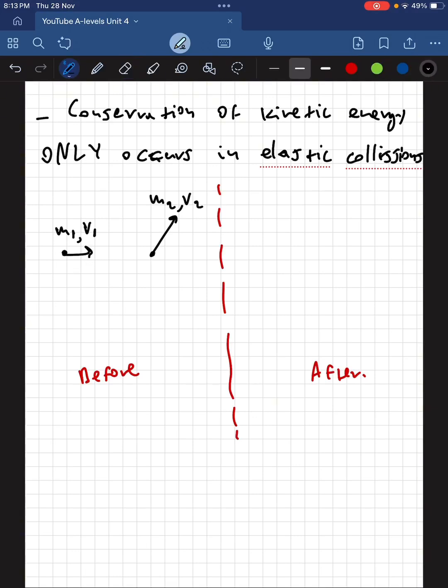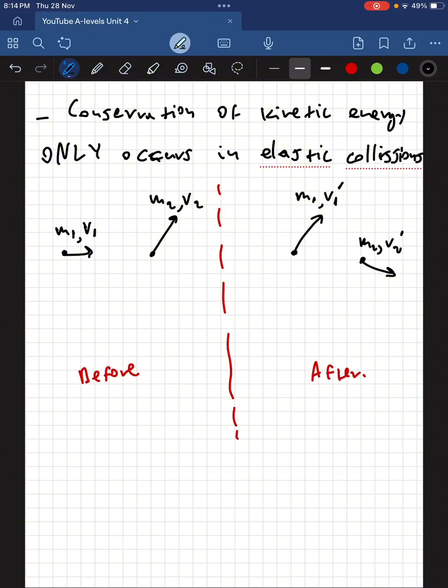So this is the situation before, and the situation after is like this. So you have m1 v1 prime, and then maybe m2 v2 prime.